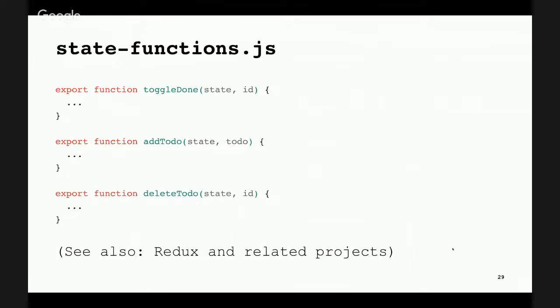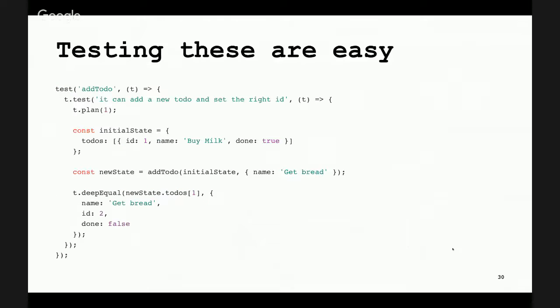So toggleDone, for example, takes in the state, and it takes the ID of the to-do, and it returns a new state where the to-do matching the ID has been toggled between done and not done. Anyone who's used Redux here will recognize this pattern. This is very similar to what Redux does. They do a bit more work around it. But the general idea is to pull out functions that can work on your state and data that are isolated from your React components. Testing this addToDo function, for example, is then really easy.